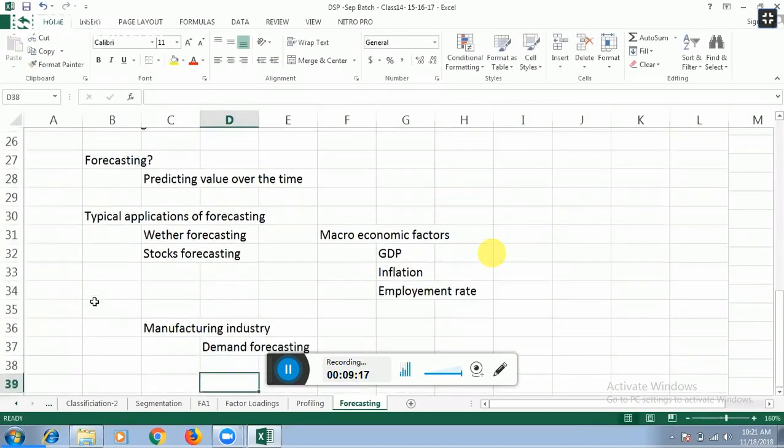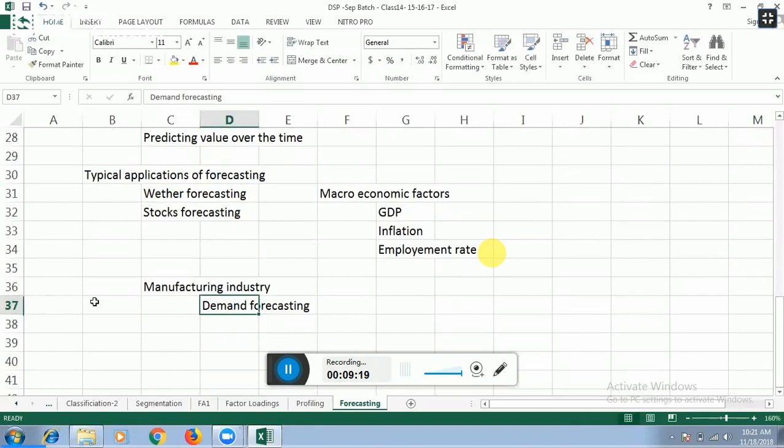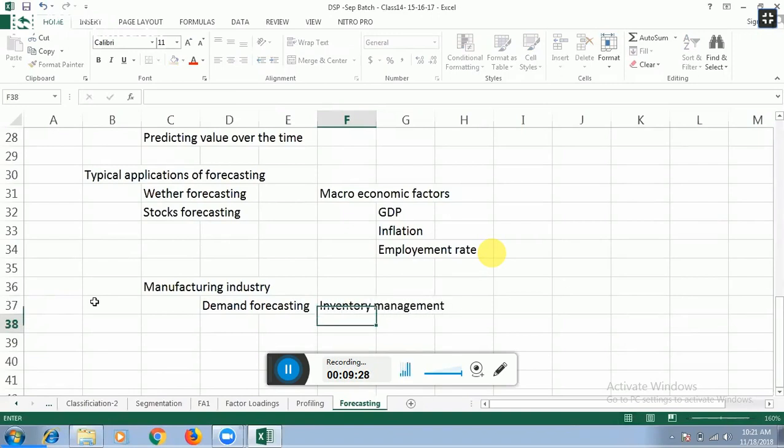So demand is how much demand we have for a particular product. Based on that only they will manufacture it. Typically inventory management or vendor management, etc. will take care of demand forecasting. And resource forecasting. What do you mean by resource forecasting, guys?